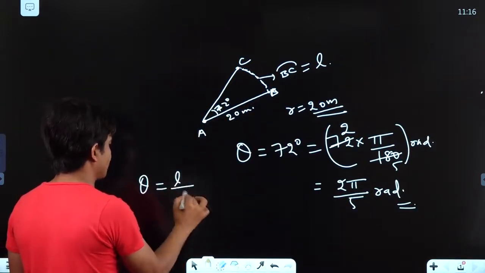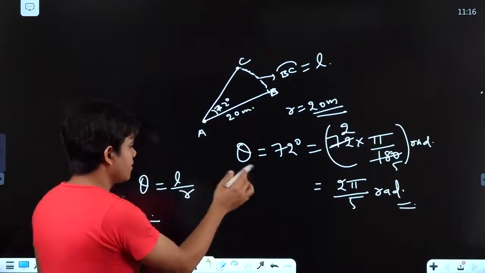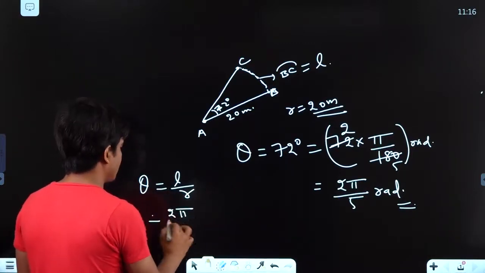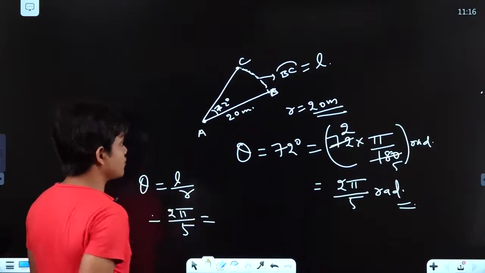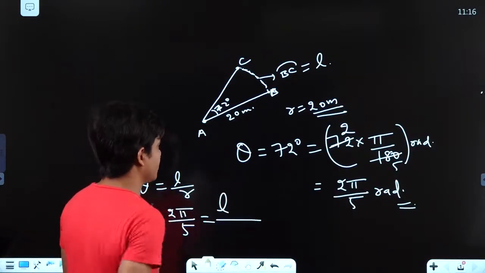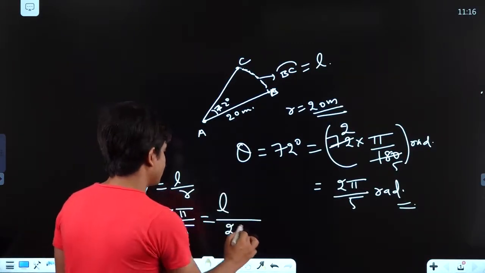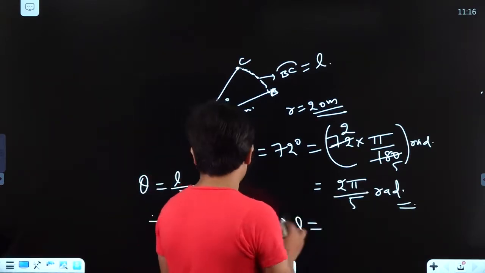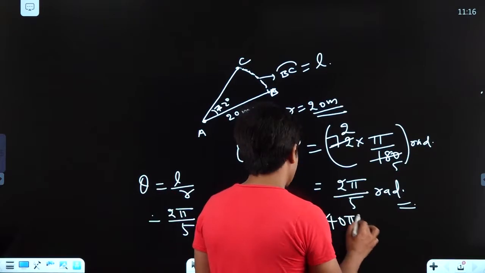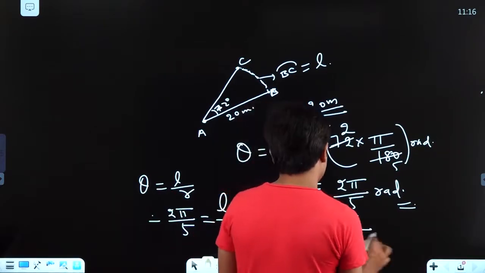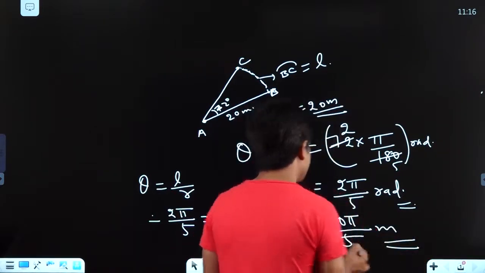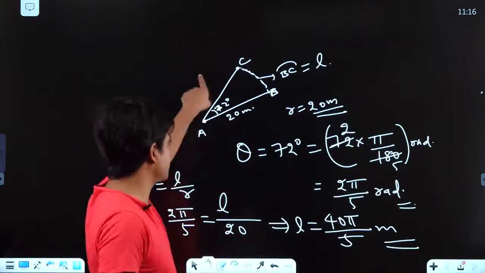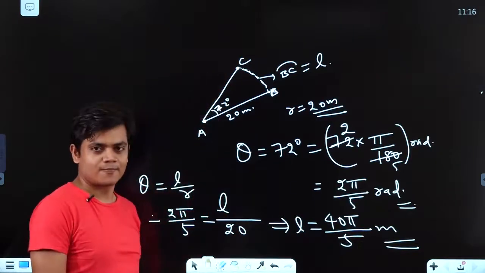Theta is equal to L by R. Therefore, 2 pi by 5 is equal to L by R, and R is 20. So L is equal to 40 pi by 5 meter. So this is the arc length. This is the distance traveled by the horse.